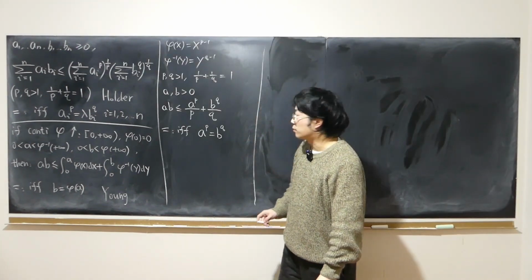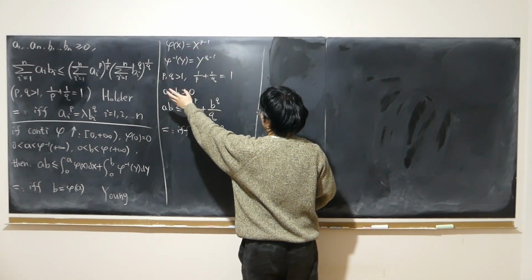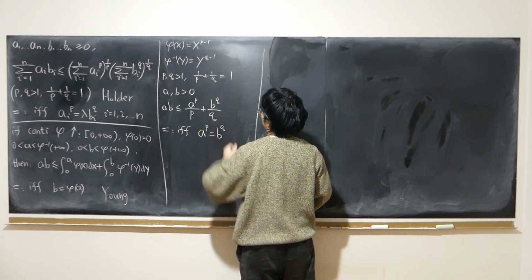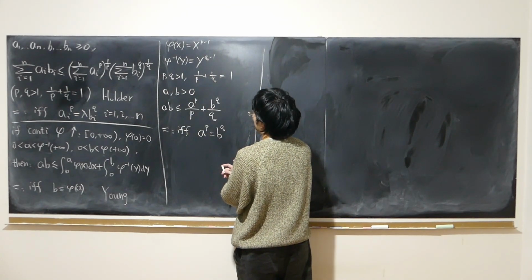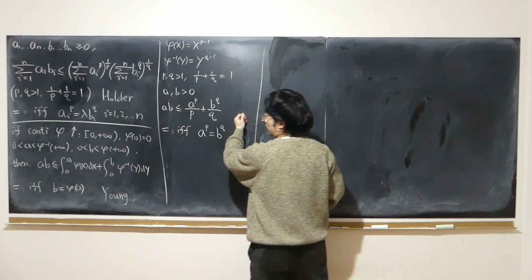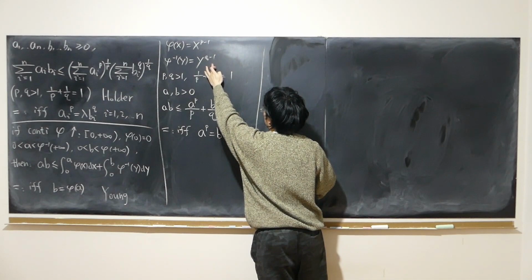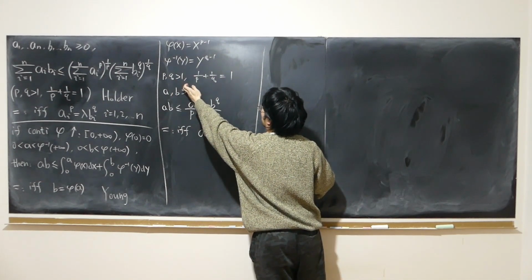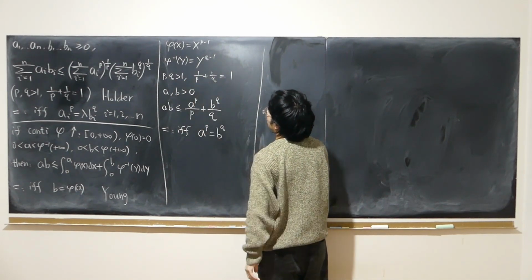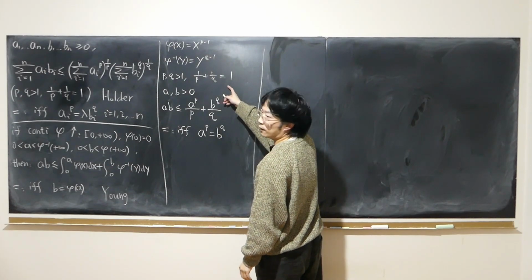I've just copied down the progress so far. So I've established a function phi of x to the power of p minus 1, and successfully worked out its inverse function, y to the power of q minus 1, where p and q are both bigger than 1, and 1 over p plus 1 over q is equal to 1.